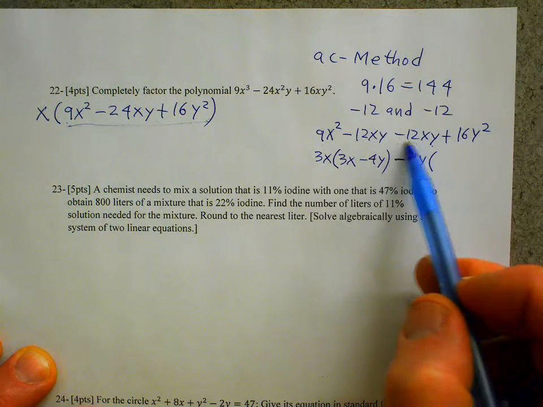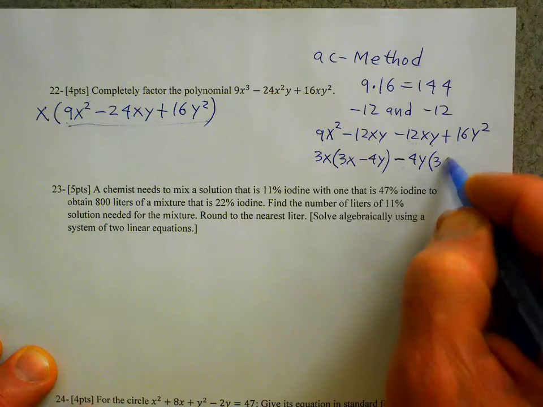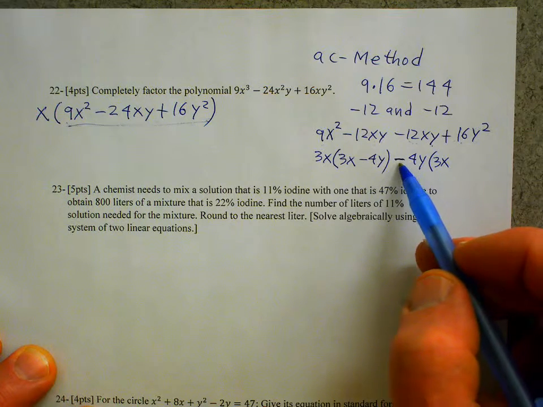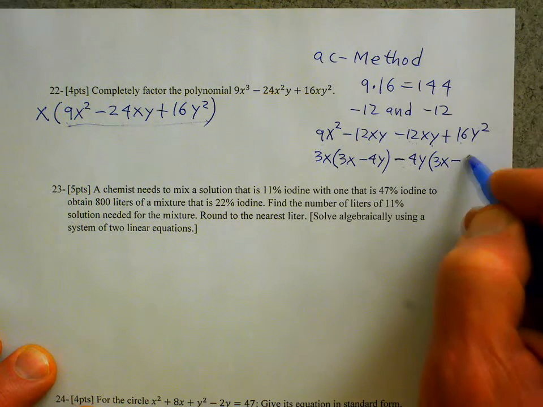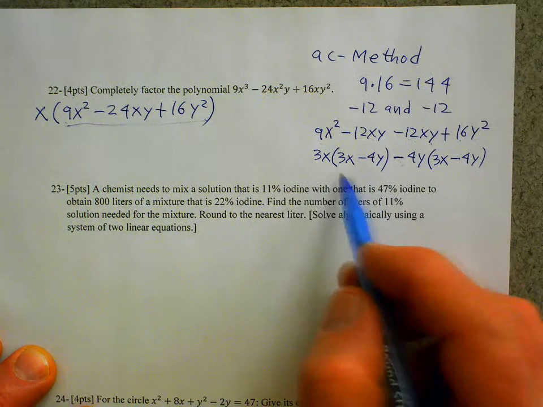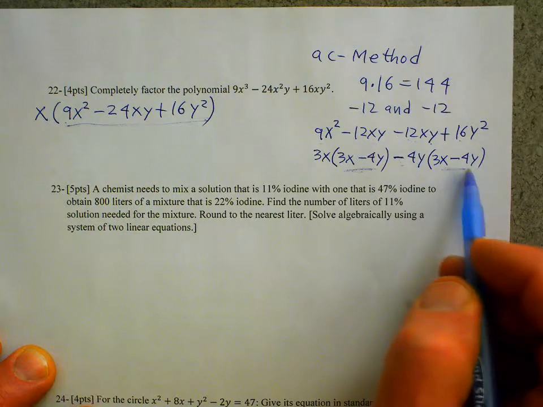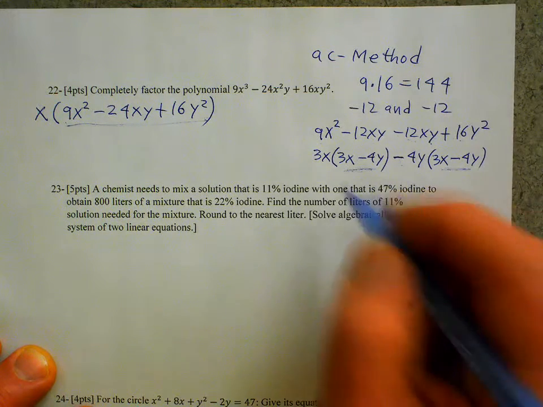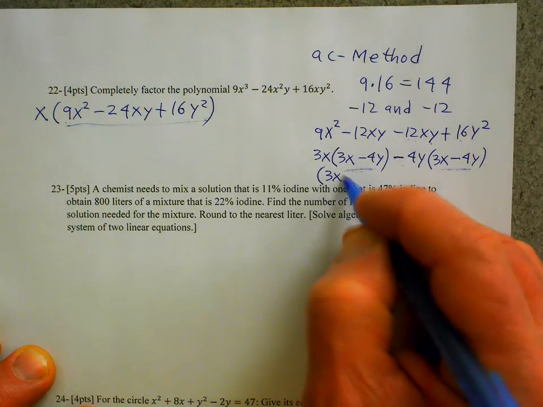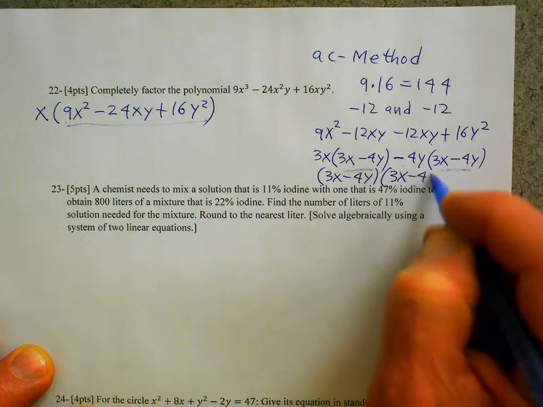And then negative 12xy divided by negative 4y is positive 3x. And 16y to the second divided by negative 4y is negative 4y. So these binomials match, 3x minus 4y and 3x minus 4y. That's what's supposed to happen. And when we factor that out, we get 3x minus 4y times 3x minus 4y.